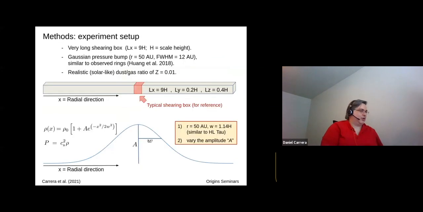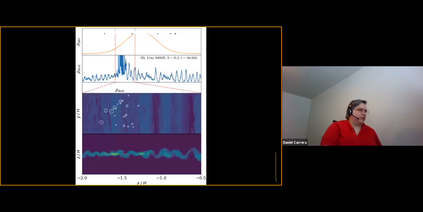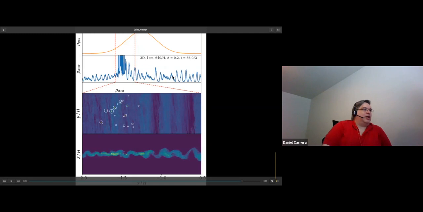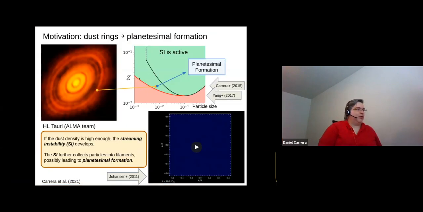And I'm going to go back to the movie to show you that. So, okay, right here, you can see that even away from the pressure bump, and I should clarify, all of this is in regions where the dust to gas ratio is below that critical line, the place where you would not expect the SI to be doing anything interesting.